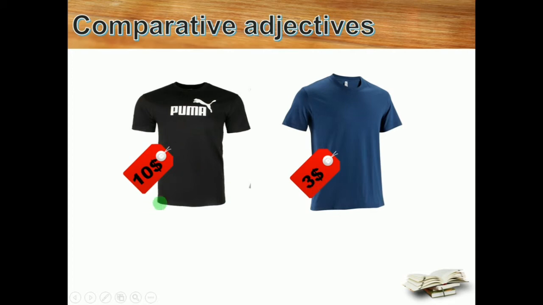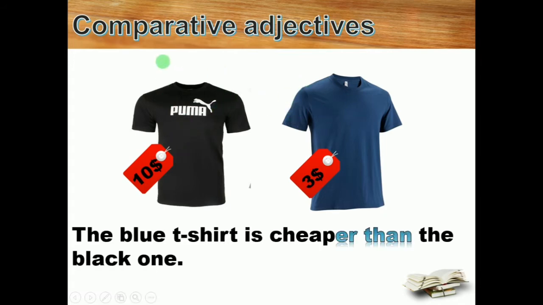Black t-shirt is $10 and blue t-shirt is $3. So we can compare these two t-shirts in order to see the prices. So pay attention carefully here how it goes. So the blue t-shirt is cheaper than the black one. Okay, the blue t-shirt is cheaper than the black one.